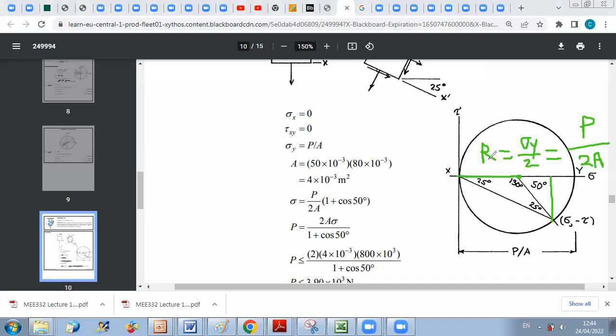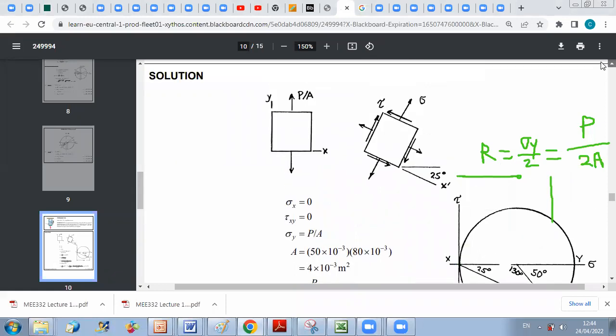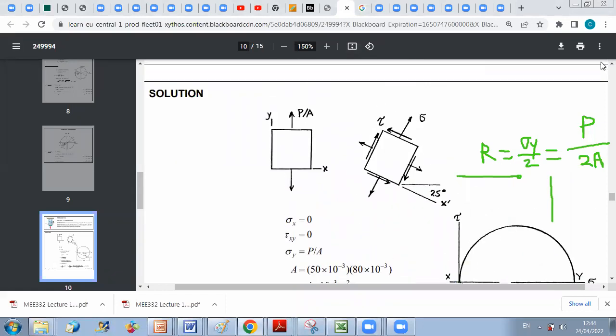Now concerning the shear, as you can see here, this is axis y prime, and this is axis x prime.